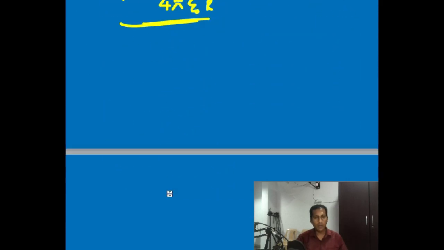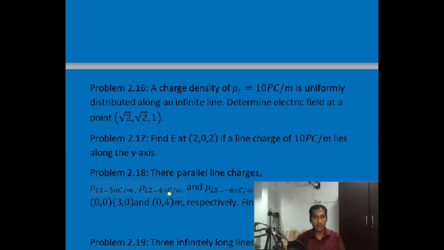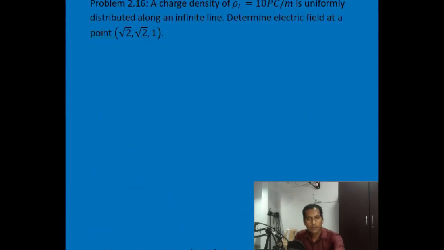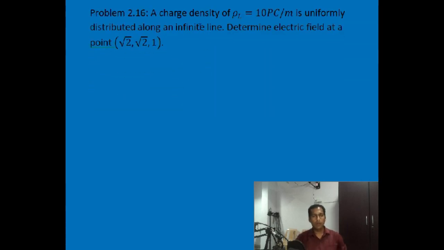So now let us move to the next example. We'll see example 2.16. So let us see what is given in example 2.16. There is a charge density of rho L equal to 10 picocoulomb per meter.